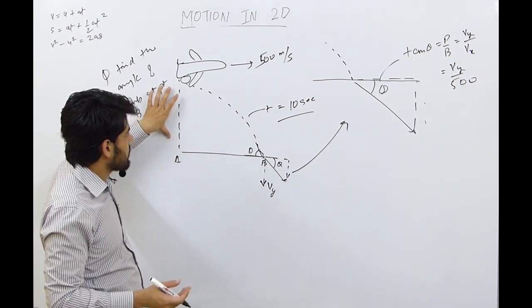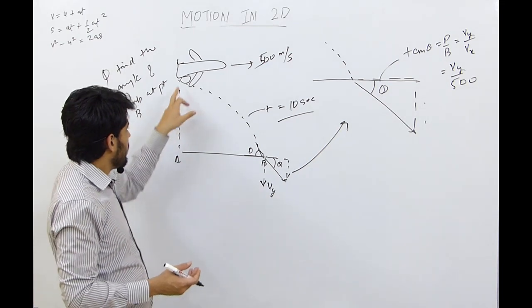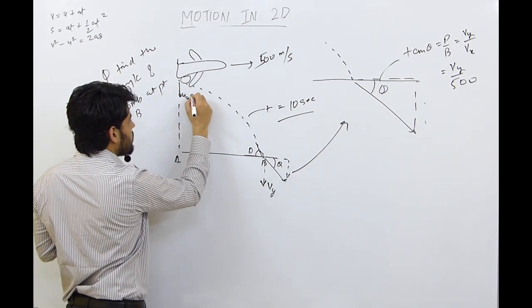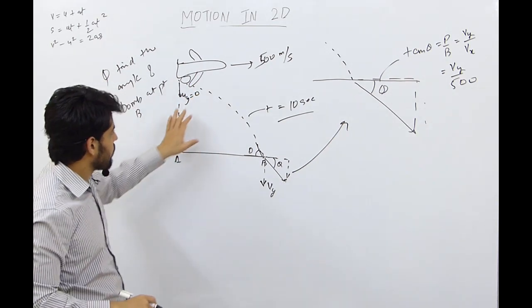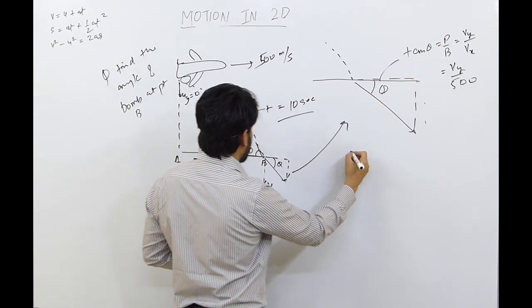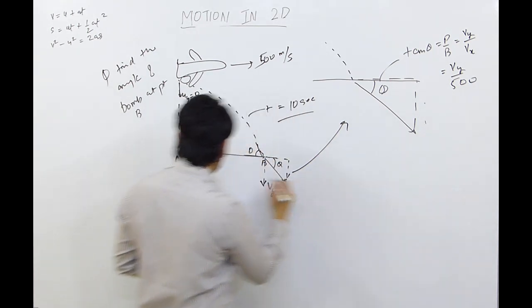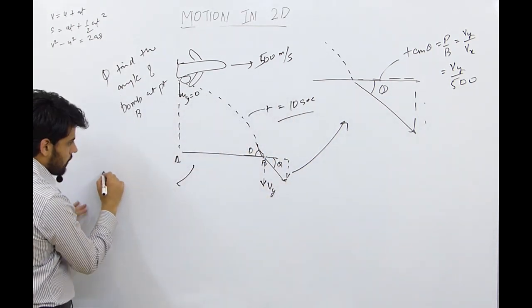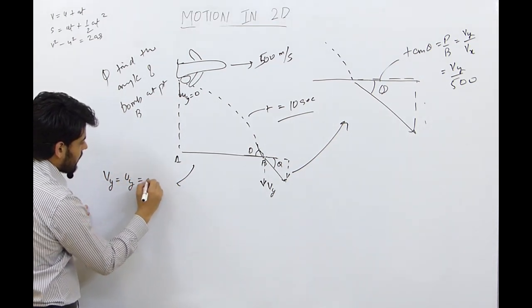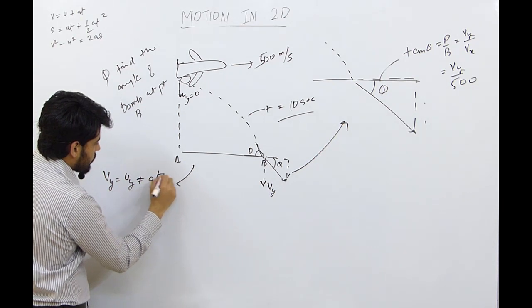This distance is not given, fine. Initial velocity of the bomb Uy equals 0. So we use Uy to find Vy. Final velocity Vy equals Uy plus acceleration into time.